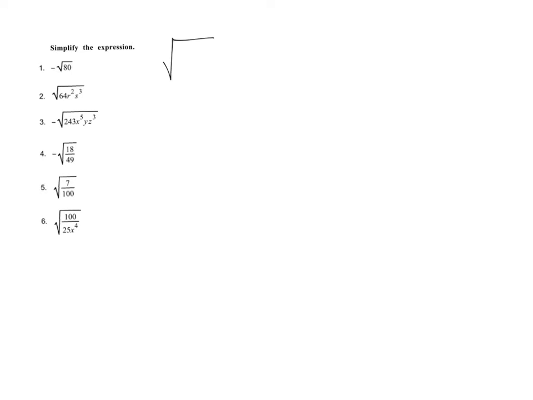Square root of 80, we want to look at 80 and break that number down. 80 is 2 times 40, and 40 is 2 times 20, and 20 is 4 times 5.